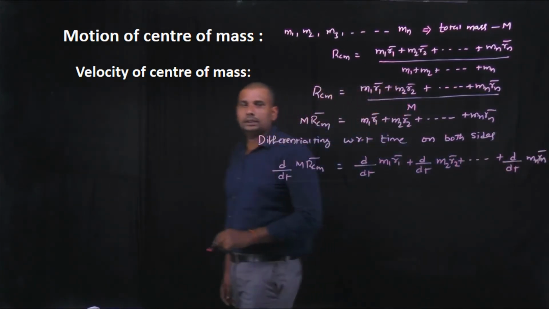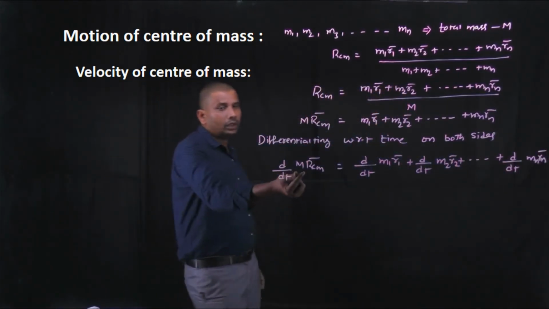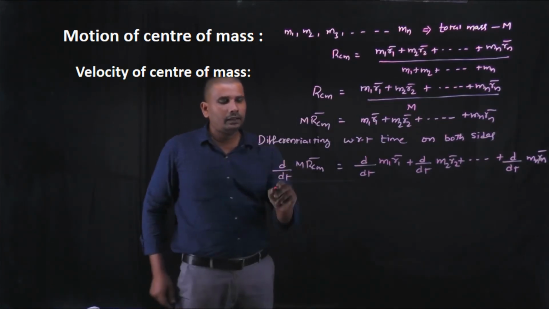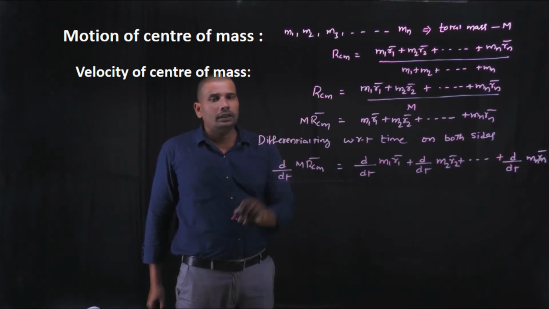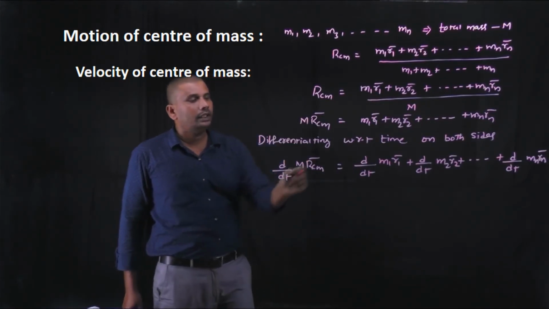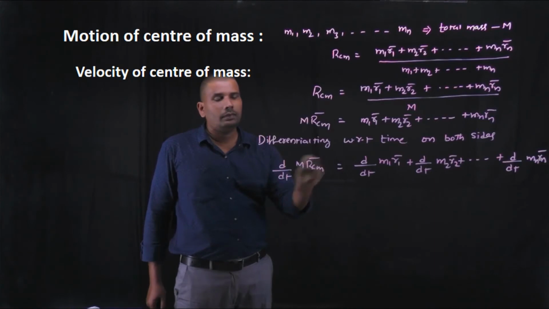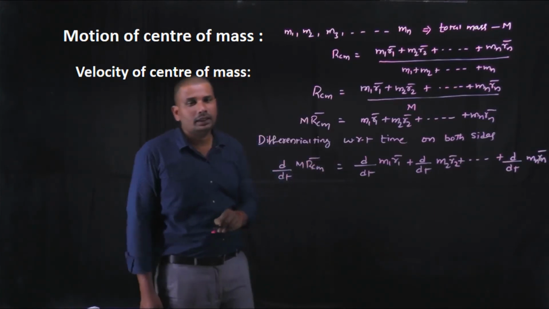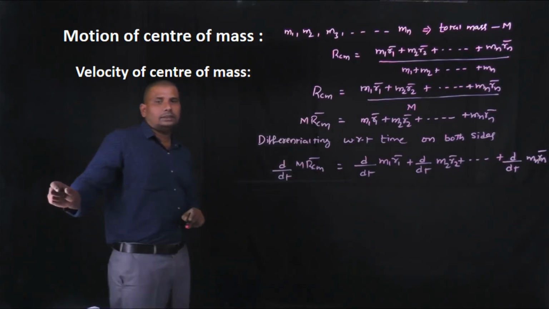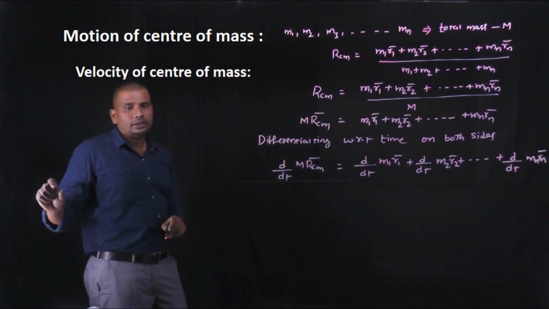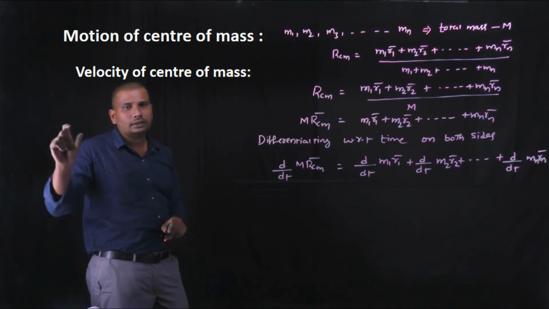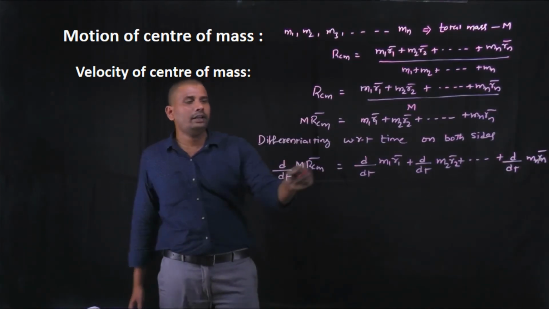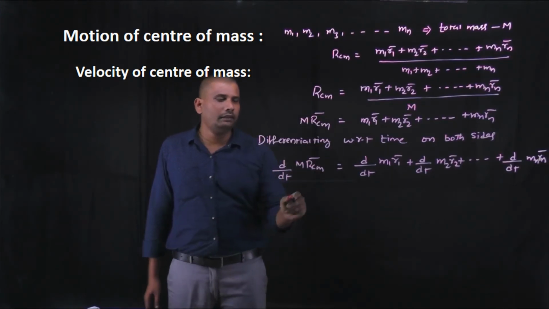Okay, here the total mass of the system is constant. By taking this constant term in front of the differentiation, there is only the remaining term RCM. Okay, this is the position vector. Position vector is the vector which denotes the position of a particle from the origin in the coordinate system. Okay, by differentiating it, we get the velocity.